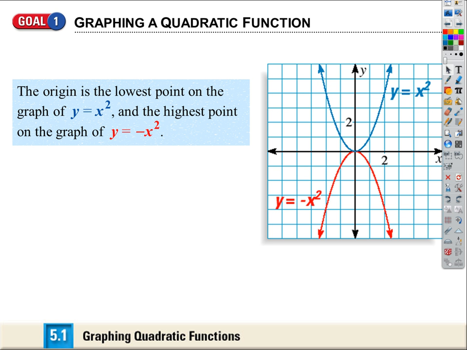Really what you're doing, if we remember, whenever we trade the x's and y's, all that amounts to is an inverse of the original relation, right? Swapping x and y just gives you the inverse, and the inverse is always the one that has reflective symmetry about the line y equals x.